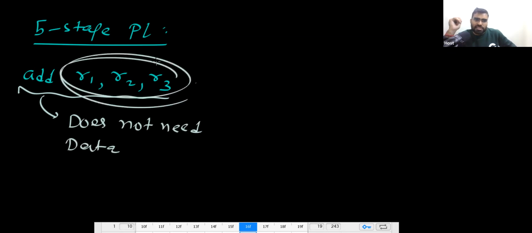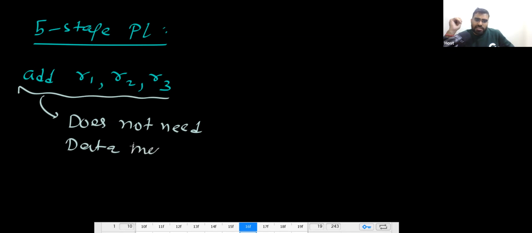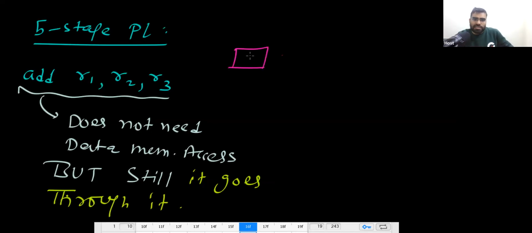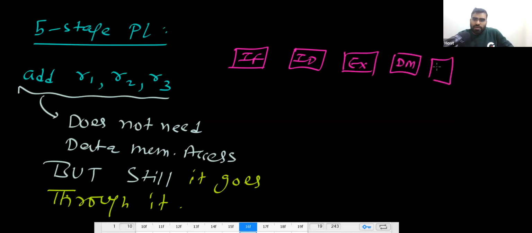Because everything is register. But still, it goes through it. You cannot skip it. So you have 5 stages: instruction fetch, instruction decode and register read, execution ALU, then data memory access, and then write back. Your instruction will go through all the stages.